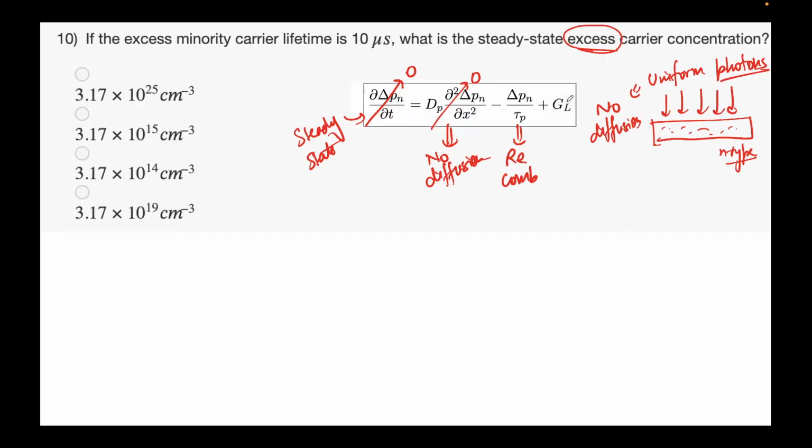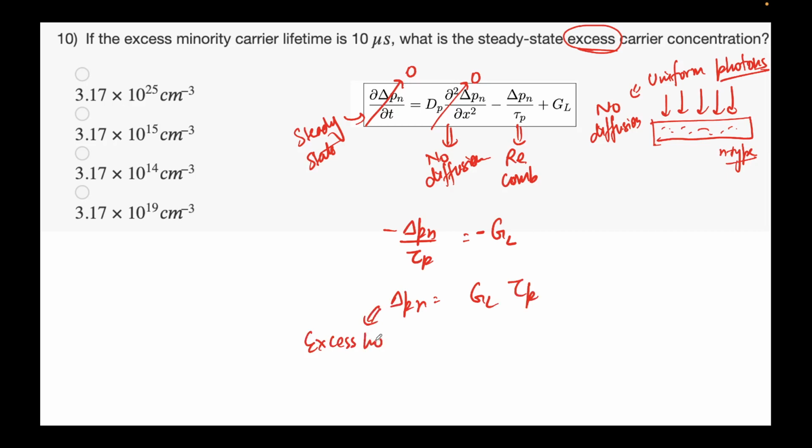So I can now write the expression as minus delta Pn by tau p equal to minus GL. Minus and minus cancel, so delta Pn comes out to be GL tau p.